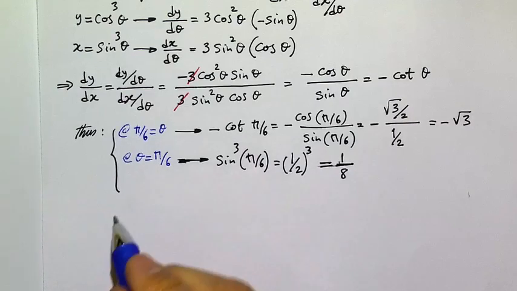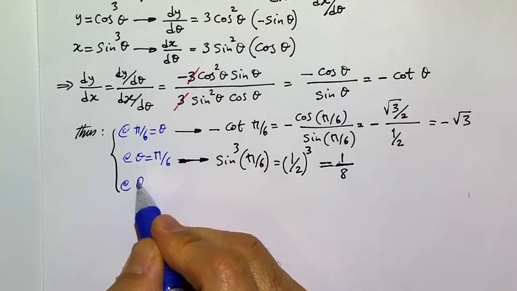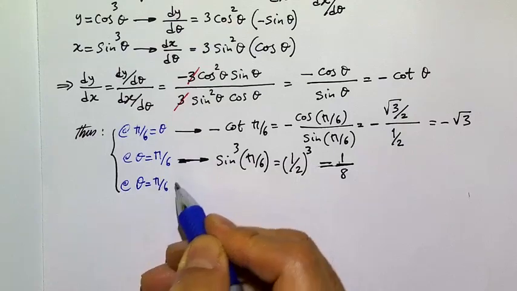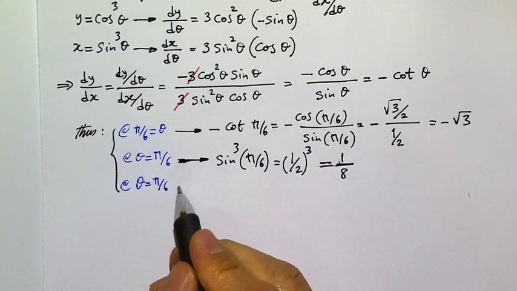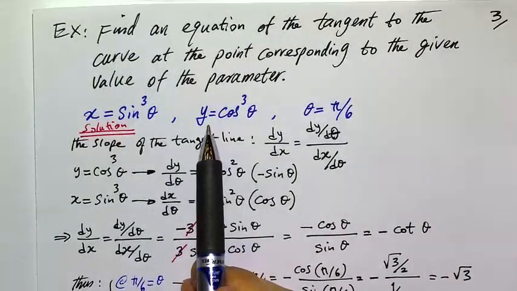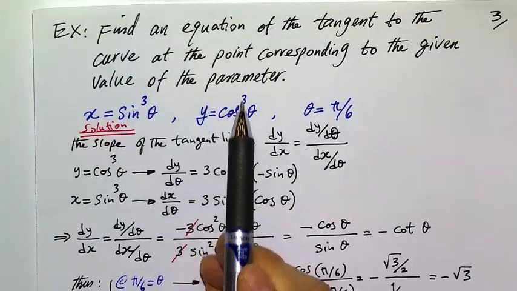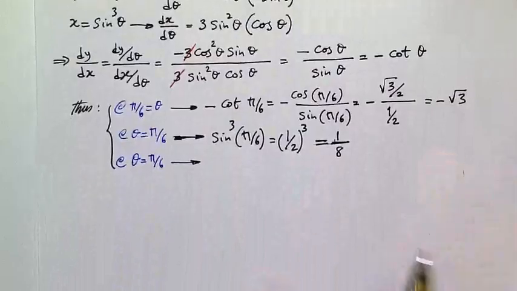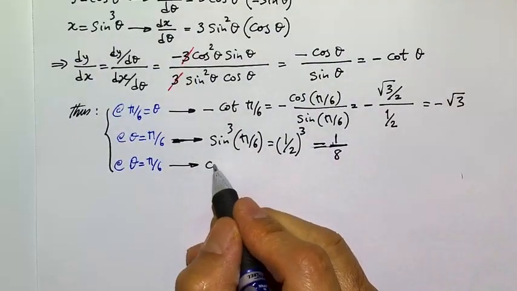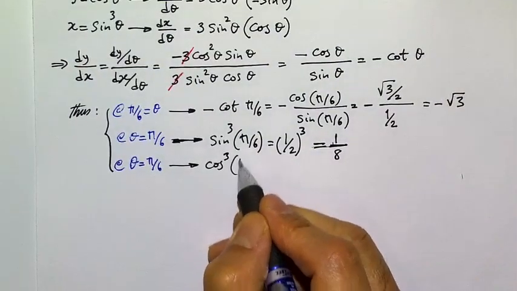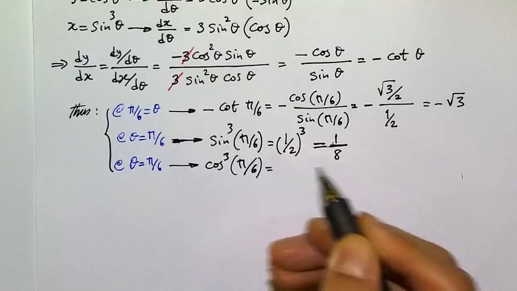At theta equals pi over 6, we also need to calculate a y value. The parametric equation for y was cosine cubed theta. So we have cosine cubed at pi over 6.